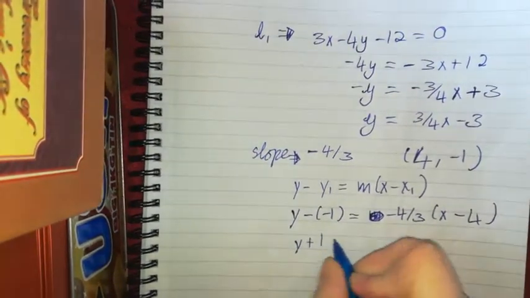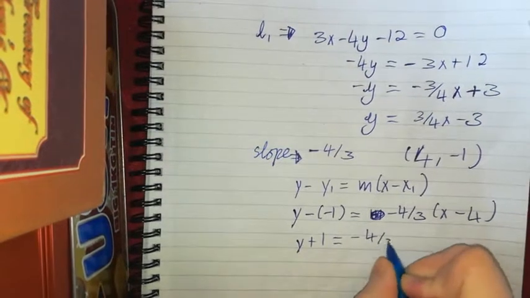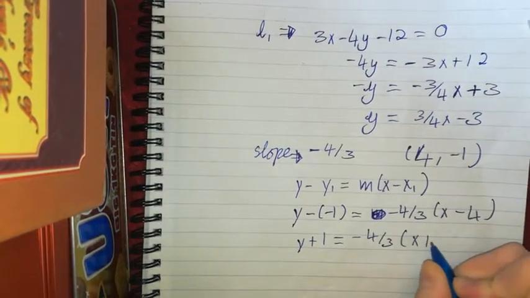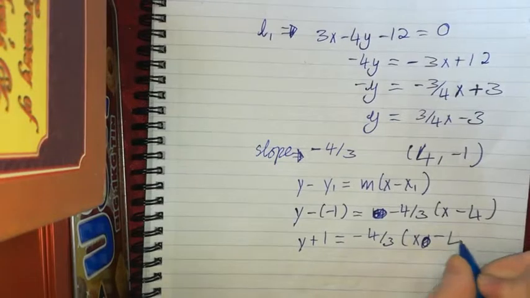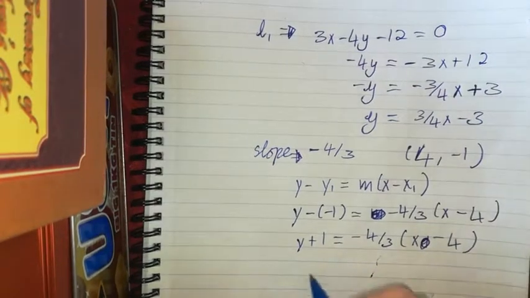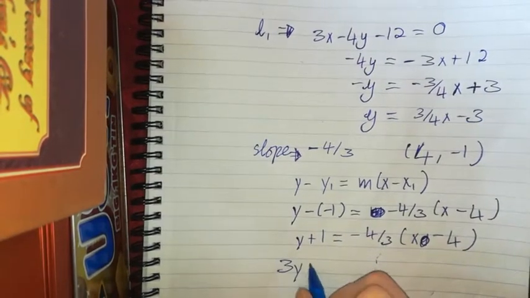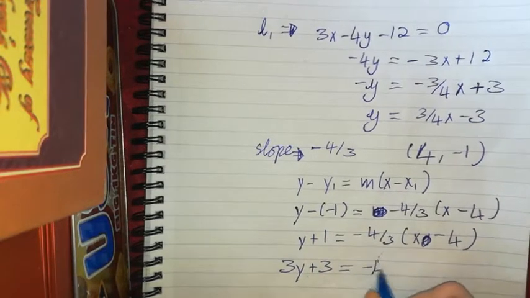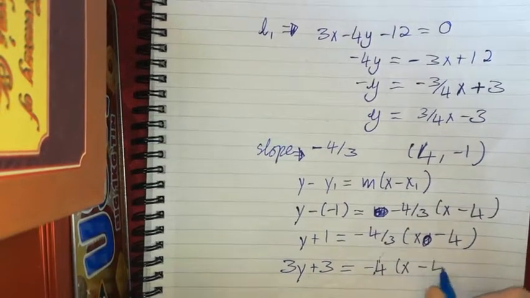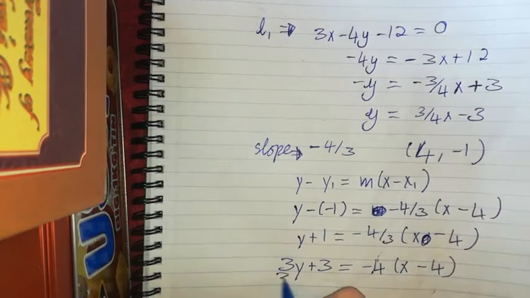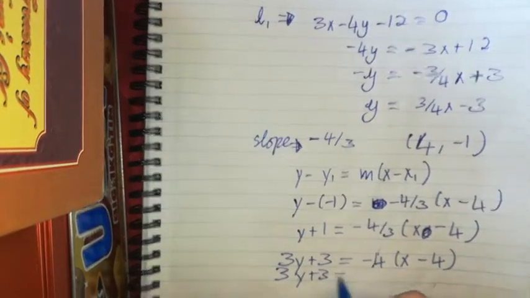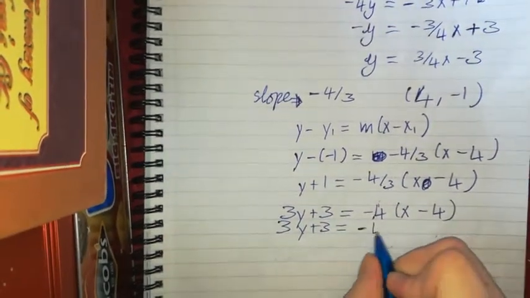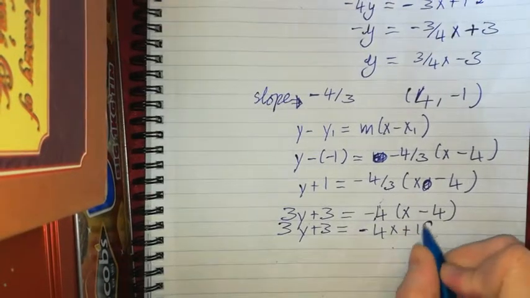So y plus 1 is equal to -4/3 times (x minus 4). I'm going to multiply both sides by 3 to get rid of my fraction. 3y plus 3 is equal to -4x minus 4, and then I'll do out my bracket on the other side, so -4x plus 16.